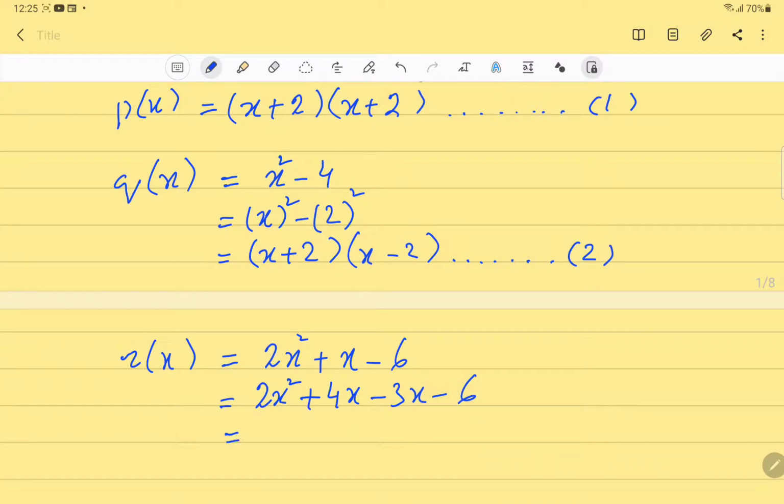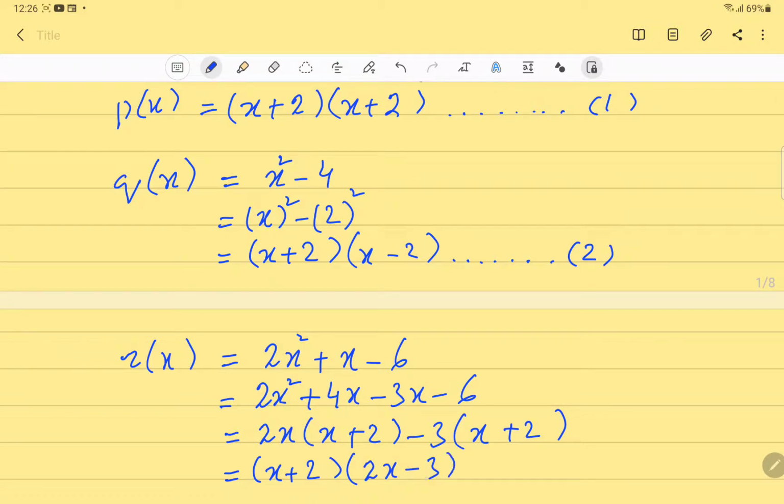Now in the first two terms 2x is common, so we are left with x plus 2, and in the second two terms we have minus 3 common, so we are left with x plus 2. Now again in both the terms x plus 2 is common, and in the bracket we have 2x minus 3.